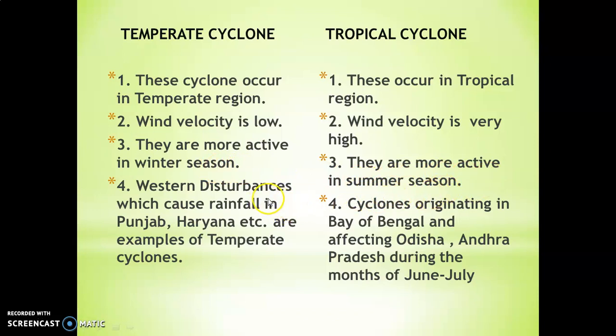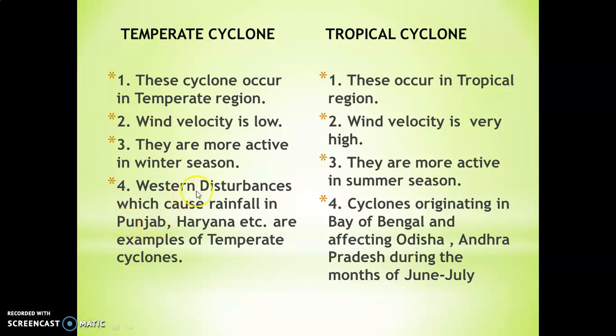So just take a recap. We have discussed in the previous video seasons like the cool weather season. During the cool weather season, western disturbances or temperate cyclones occur in the Mediterranean Sea, and these western disturbances are pushed by jet stream towards Afghanistan, Pakistan.